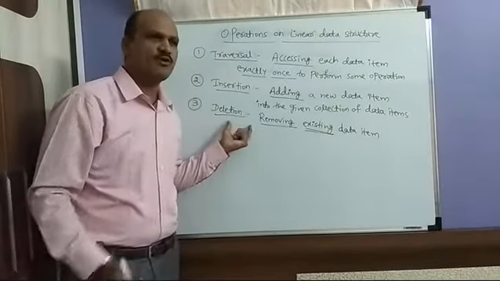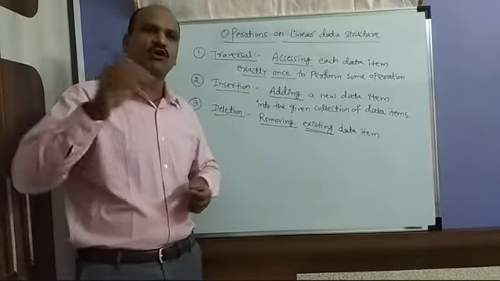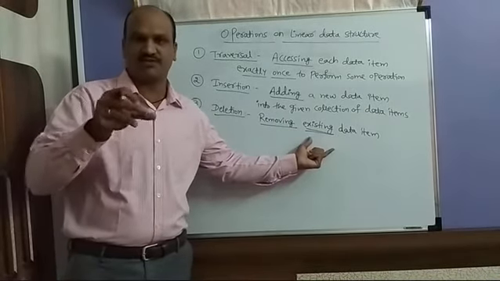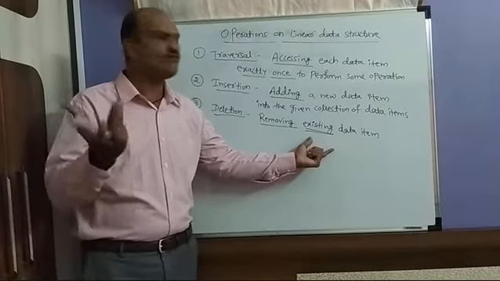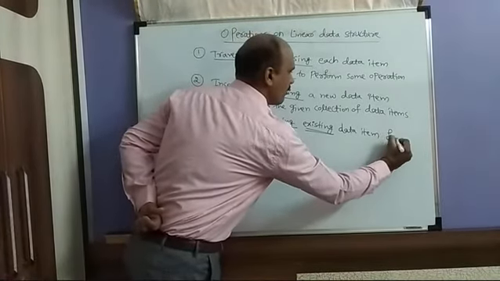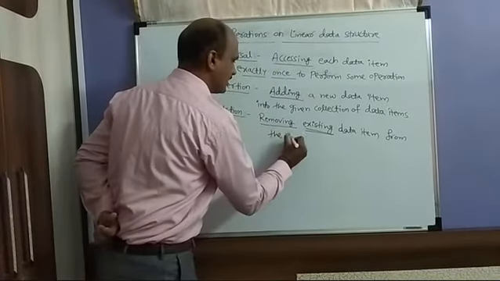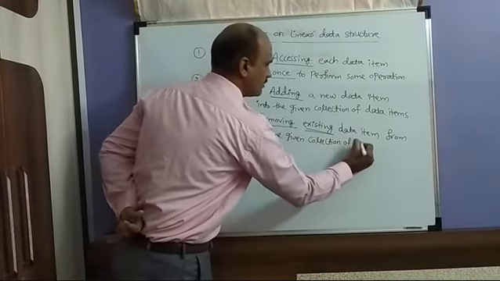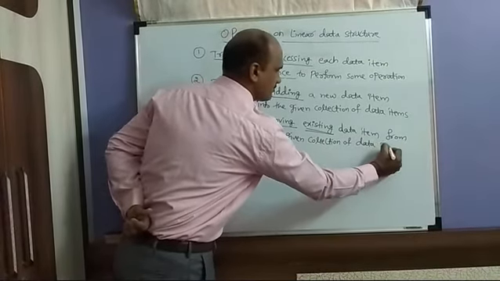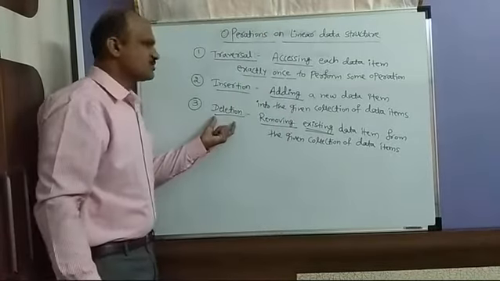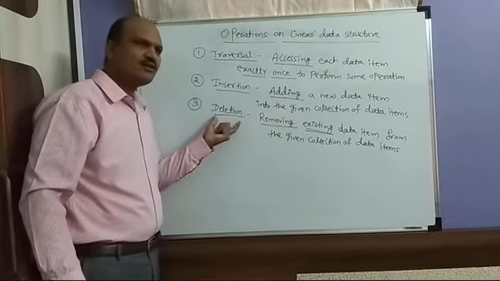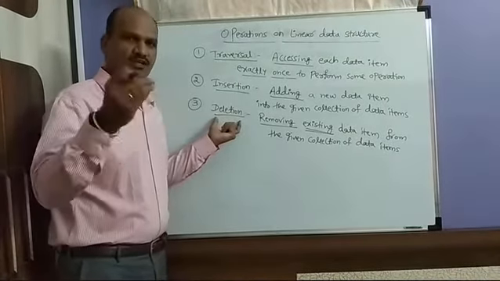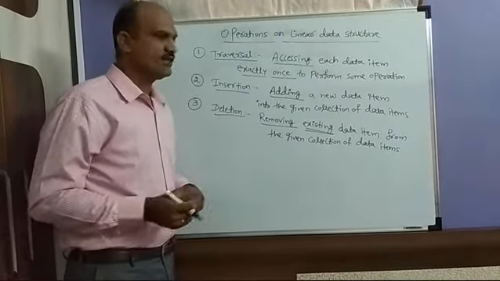Deletion means you have to remove data. Which data? The data which is already present in the list. That is the meaning of removing existing data items from the given collection of data items. If you want to remove anything, you have to use the operation called deletion.